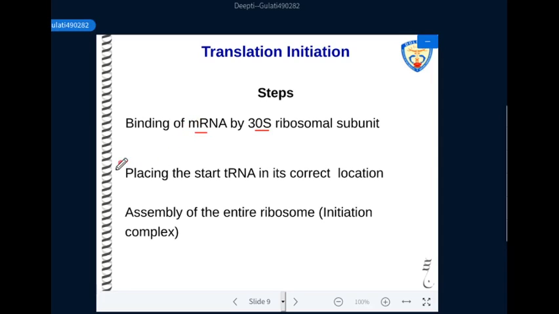Once this is done, the second step is to place the initiator transfer RNA to its correct location, that means the P site, attached to the initiation codon. Once these two steps are done, the third step is the binding of the large ribosomal subunit, that is the assembly of the entire ribosome and the formation of the 70S initiation complex.